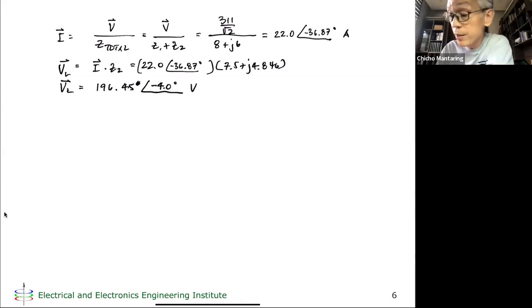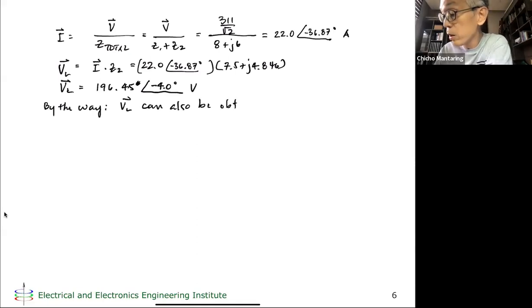Okay, by the way, Vs of L can also be obtained by voltage division, by voltage divider.